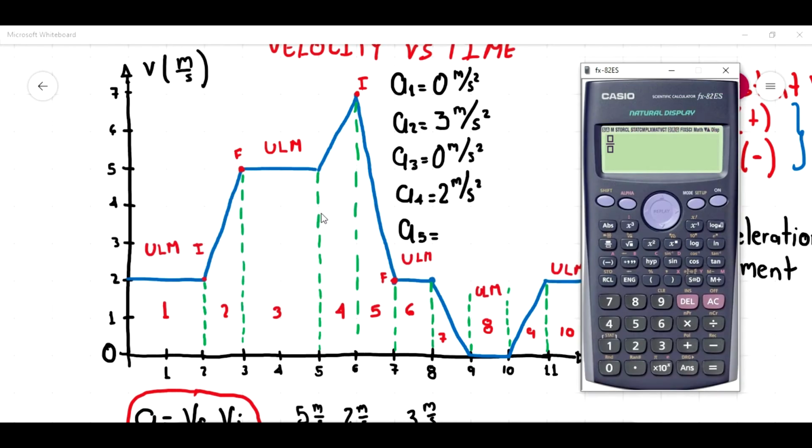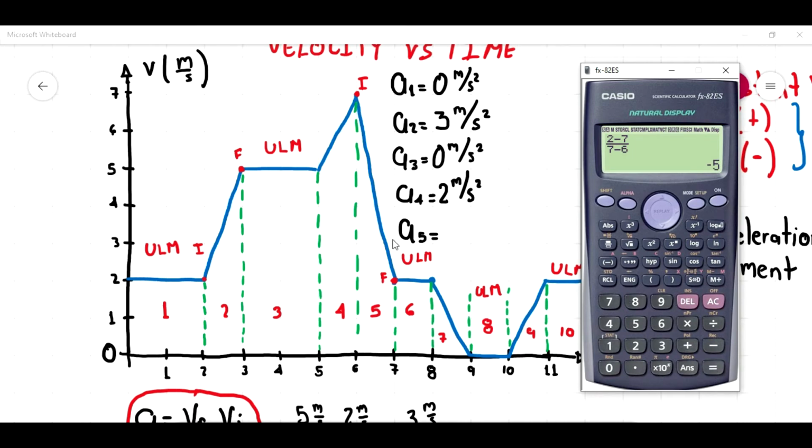So the acceleration of the segment number 5 will be 2 meters per second minus 7 meters per second over 7 minus 6 seconds. And how much is that?